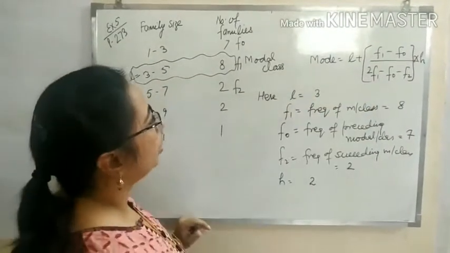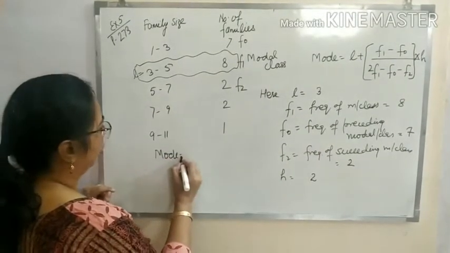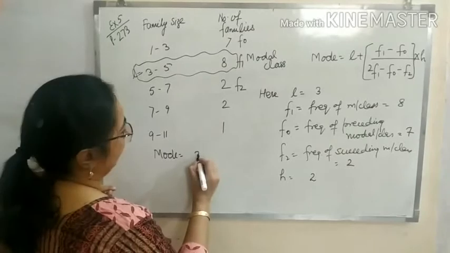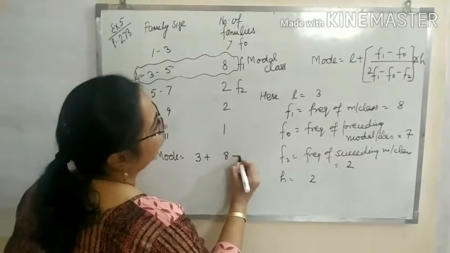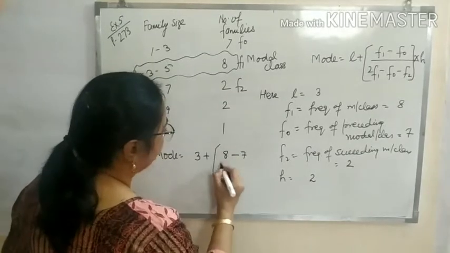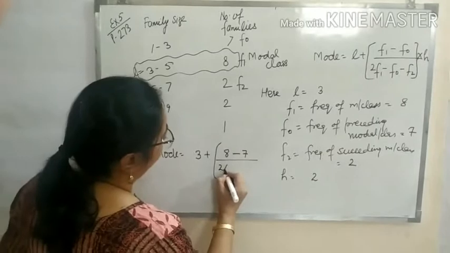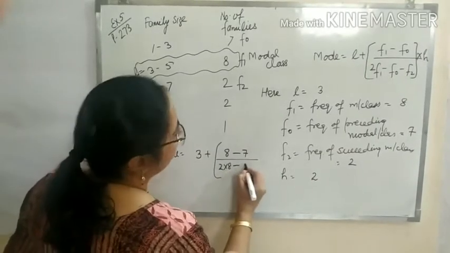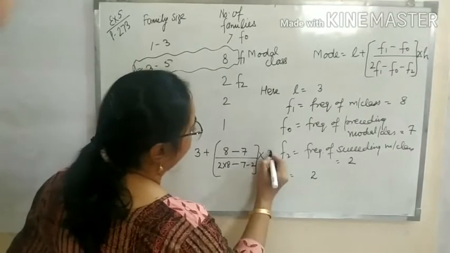Now we will substitute these values in the formula. So what will you get? Mode equals L, 3, plus F1 is 8, F0 is 7, in the bracket 2 times F1, it is 2 into 8, minus 7, minus 2, into H, which is again 2.